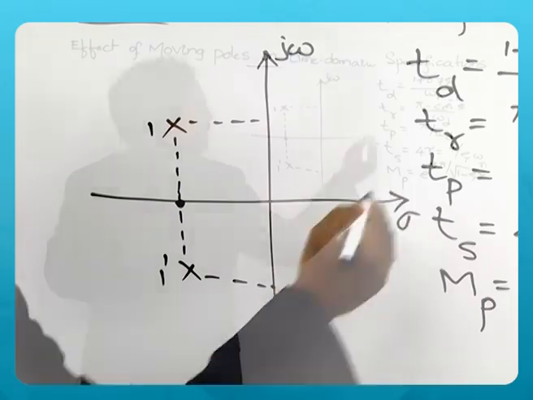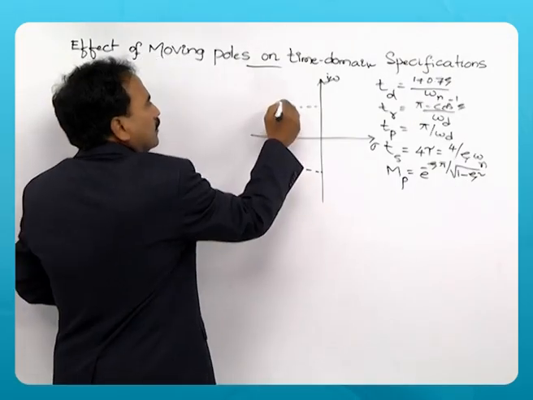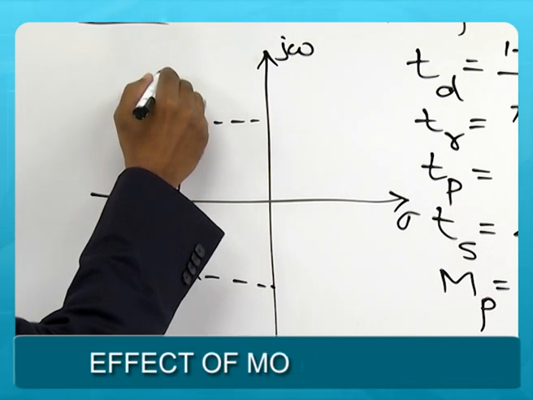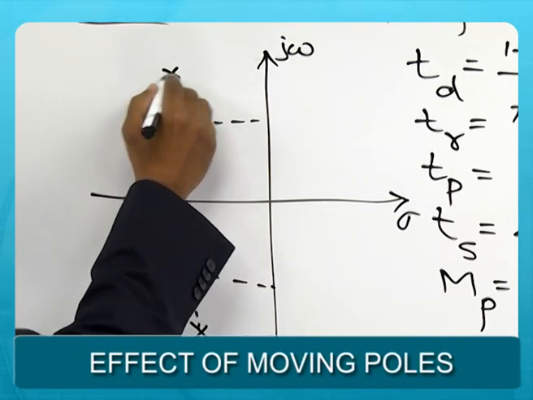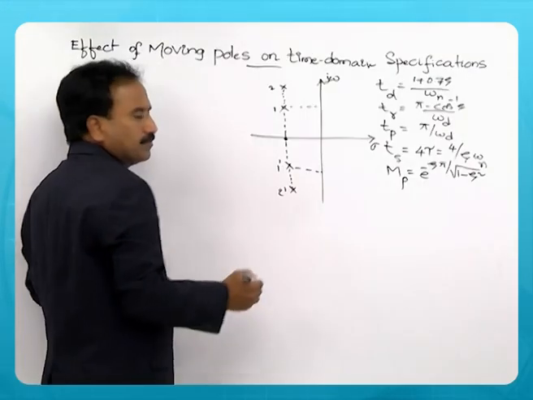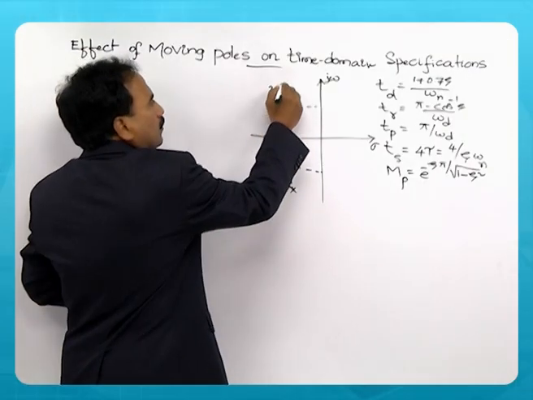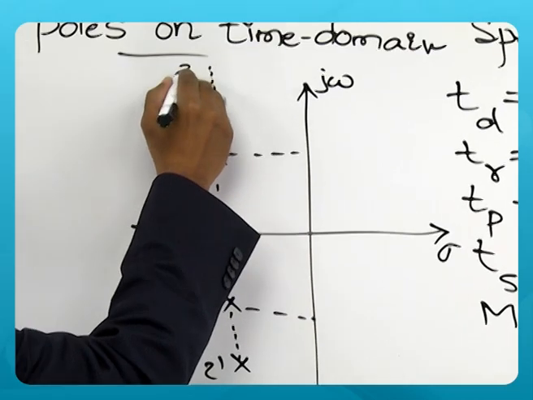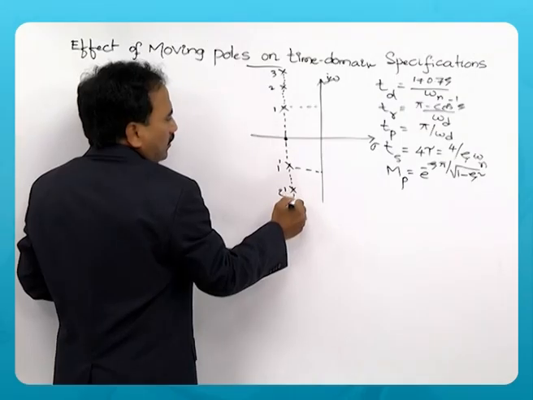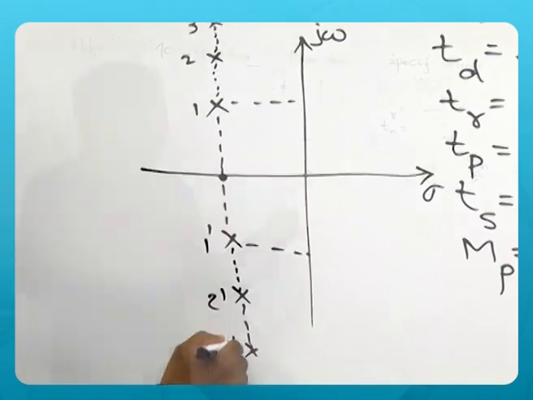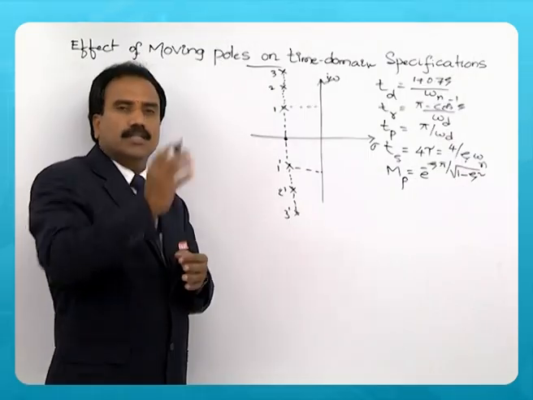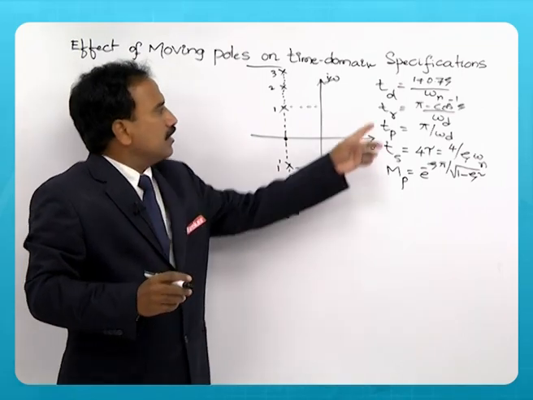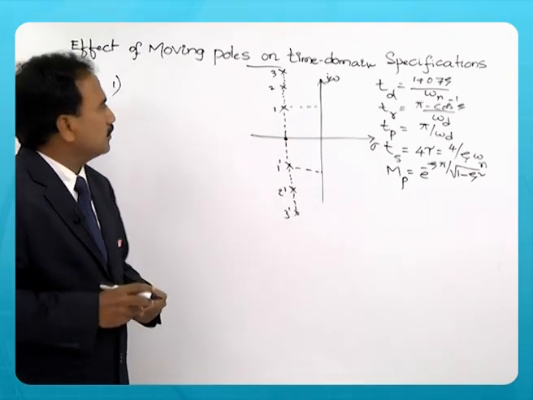This is the real part of the S plane. So, if the pole moves to the new position vertically, that is 2 dash, and further it moves to 3 and 3 dash, then what is its effect on the time domain specifications?